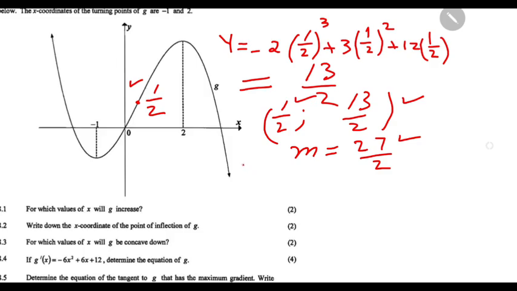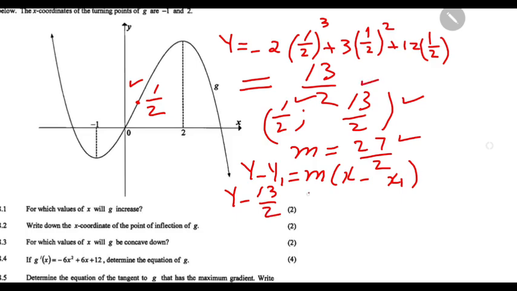I'm going to use this formula, y - y1 = m(x - x1). So y - 13/2, this is my y value, is equal to the gradient 27/2, times (x - 1/2).